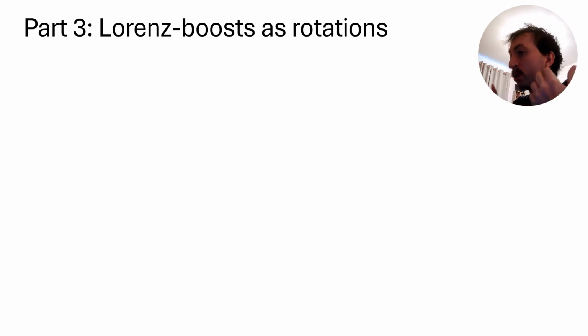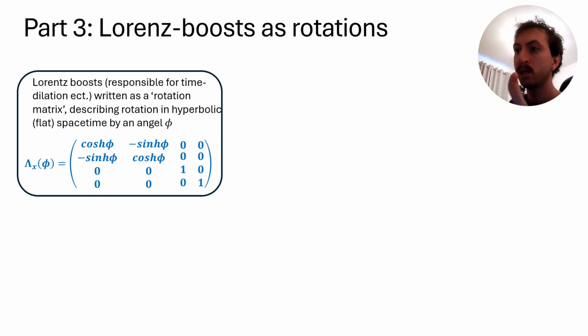And the procedure is exactly the same as what we've done for Euclidean rotations. So we start with the macroscopic transformation, which in our case will be a Lorentz transformation in terms of hyperbolic angle phi. And phi is a function of relative velocity, so this Lorentz transformation describes how the components of a four-vector change when you go from one reference frame to another, where the other is moving with some velocity relative to the first reference frame.